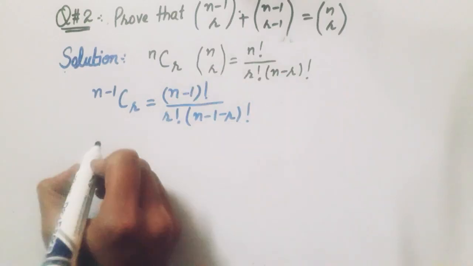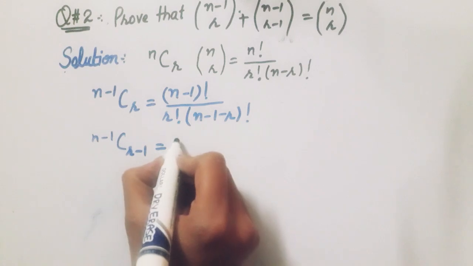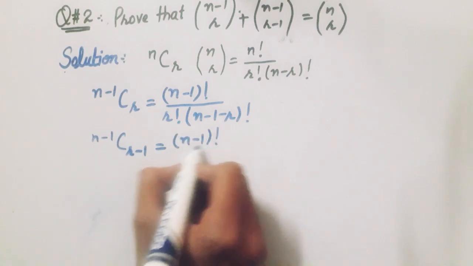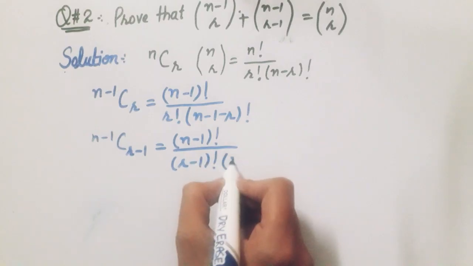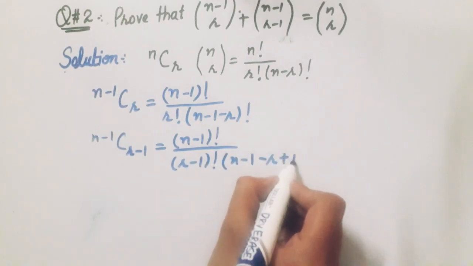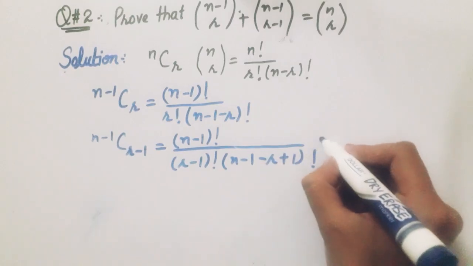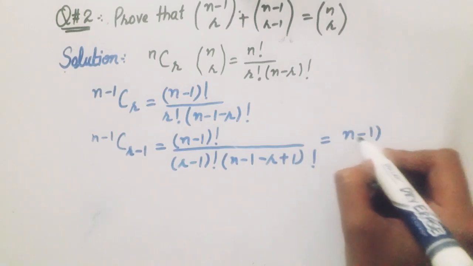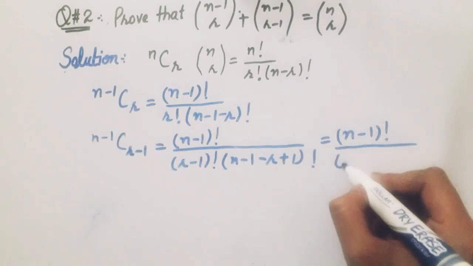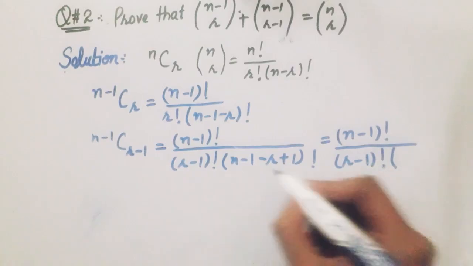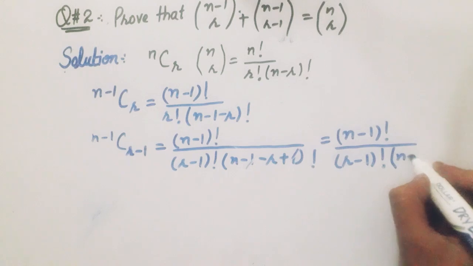And the other term is n minus 1 C r minus 1, which can be written as n minus 1 factorial by r minus 1 factorial, then n minus 1 minus r plus 1 factorial. And this will become n minus 1 factorial divided by r minus 1 factorial, and minus 1 and plus 1 cancel out and we have n minus r factorial.